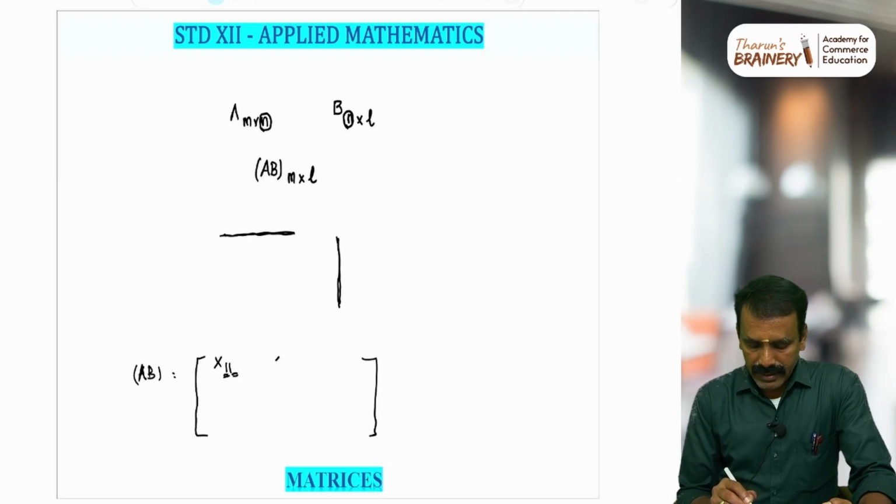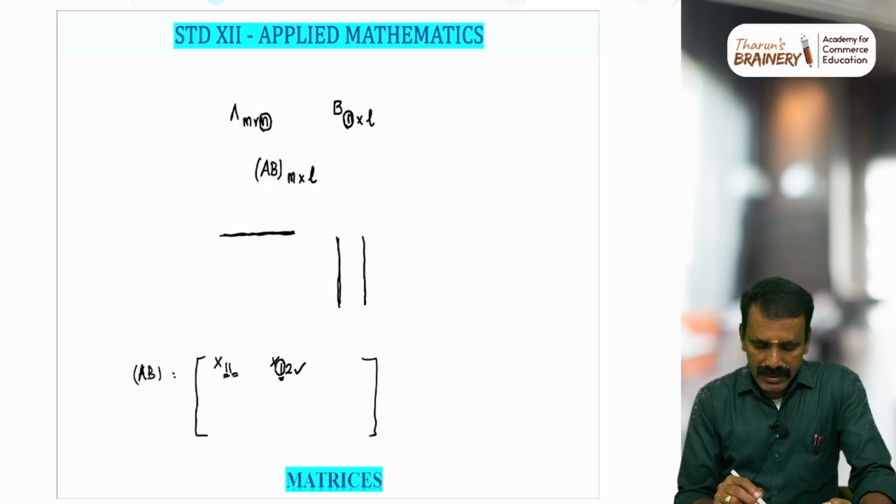Suppose I am going to find x1,2, the first index corresponds to the row number, so we have to multiply the first row of the first matrix with the second column of the second matrix.